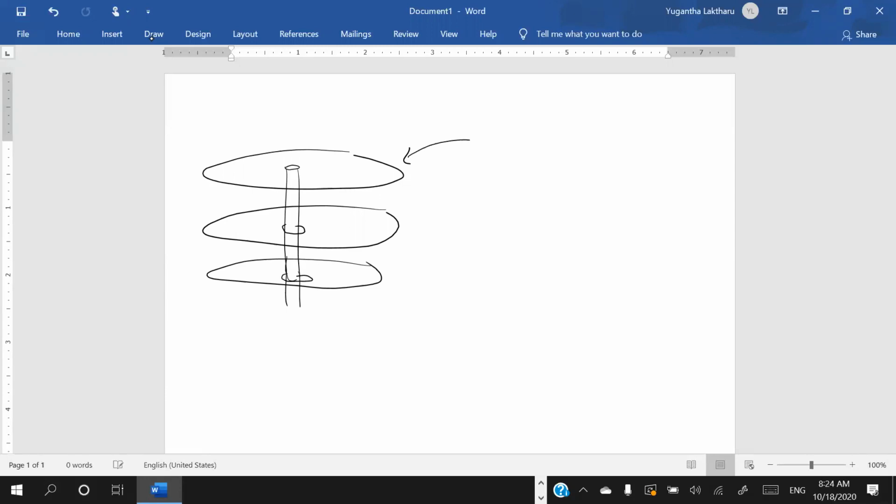These are called platters, and each and every platter is associated with a head. The head is the tip at this arm, right? And it is connected to the actuator. So this is a head, and this is what we call the actuator.